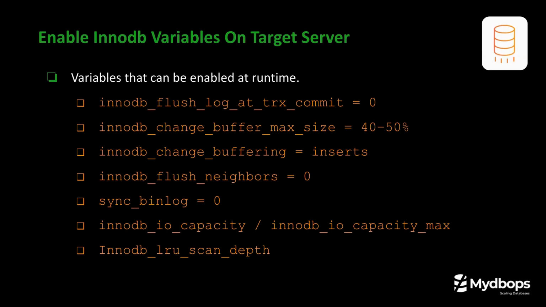By increasing the InnoDB IO capacity and IO capacity max, MySQL will handle more IO operations per second. This helps background flushing and inserts go smoothly without latency. Also, a higher value for InnoDB LRU scan depth makes MySQL free space faster, avoiding slowdowns during heavy inserts.